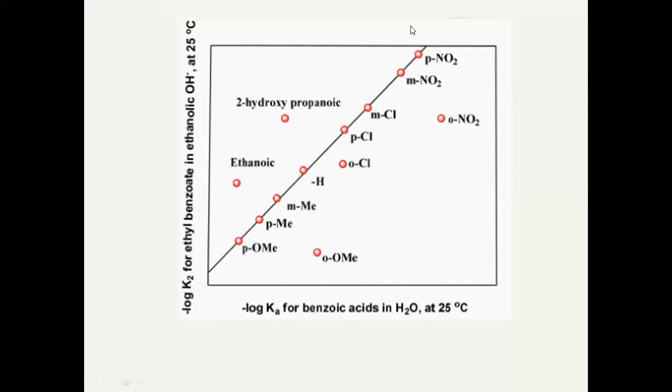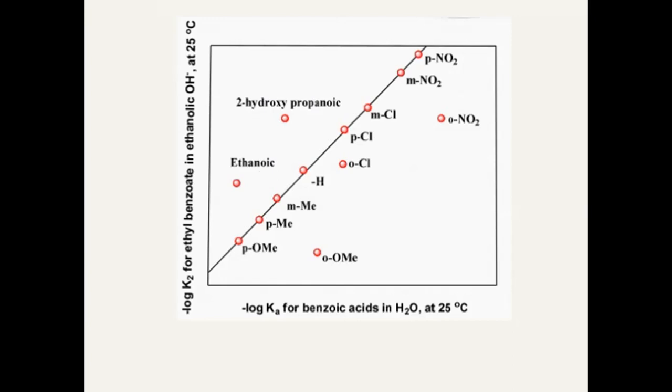So different groups are taken. You see, in all the cases, the ortho group is omitted from this line: ortho nitro, ortho chloro, ortho methoxy, like this. And one more point: 2-hydroxypropanoic acid is not aromatic, therefore it is out of this study. And again, ethanoic acid is also the same. Okay, fine. That's all.